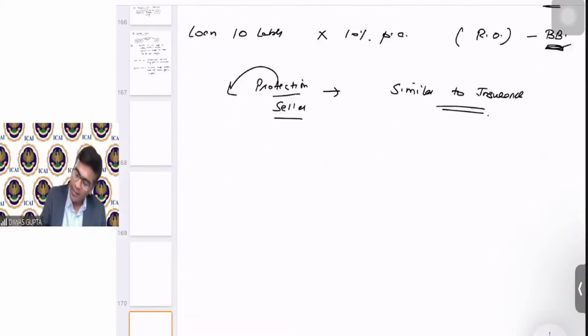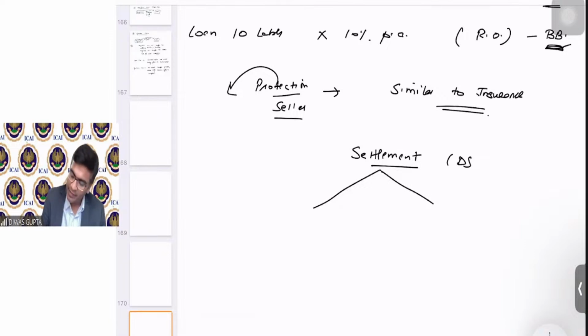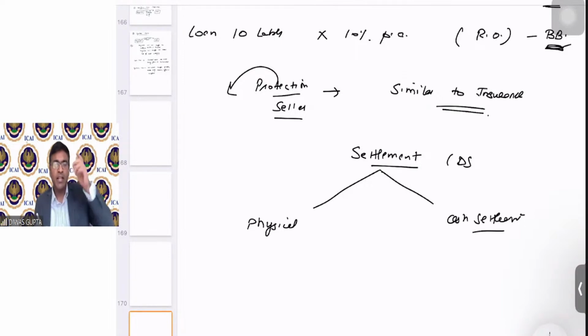Now, the settlement of CDS happens in two ways. That is mentioned in the study material again. One is physical and one is cash settlement. In our derivatives, we have studied about gross and net settlement. Gross settlement is where the physical delivery of shares will happen, right? And the gross amount will be paid.